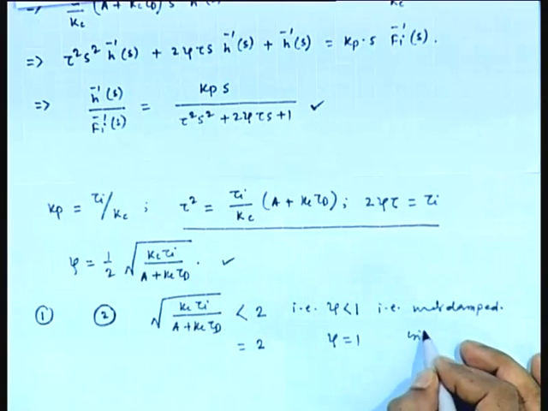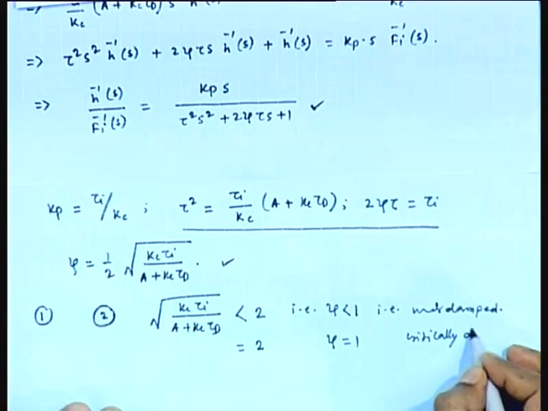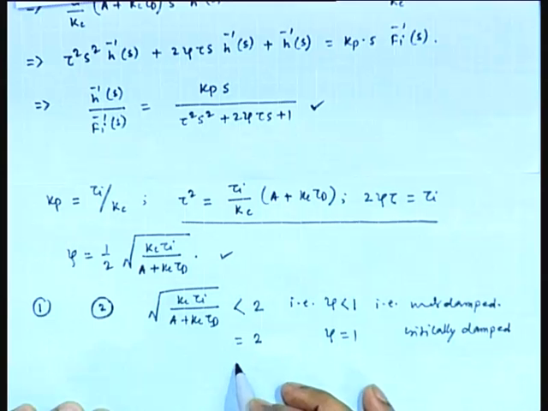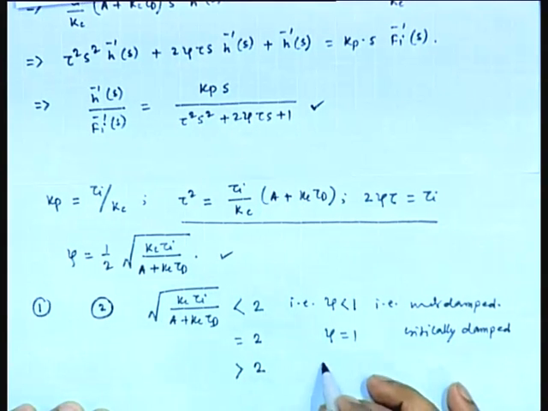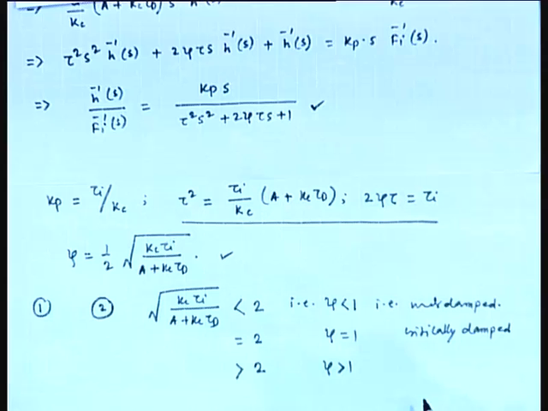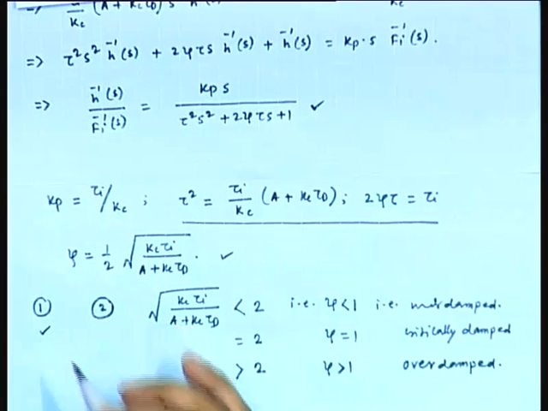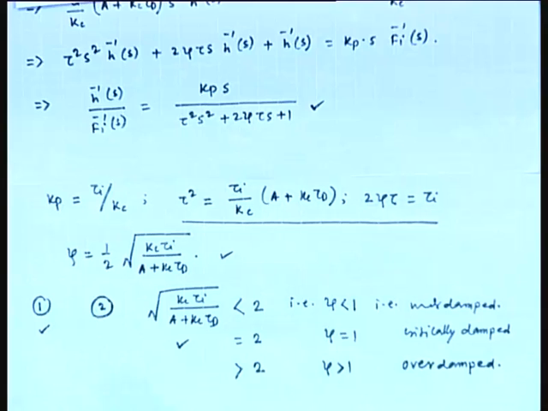So, it is critically damped. Similarly, if this is greater than 2, then zeta is greater than 1. Then it is the case of overdamped response. So, our first conclusion is the overall response becomes second order, and it may be overdamped, may be underdamped, may be critically damped, depending on the value of this zeta. Thank you.